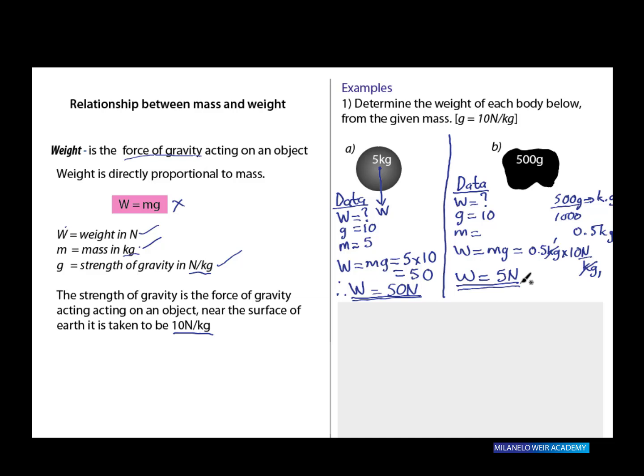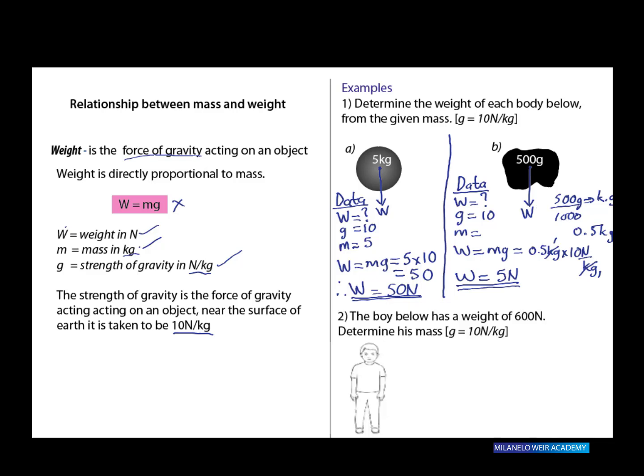If you practice including units, it will make your life a bit easy. It can be a long route, but it will be easy, right? If you are to show the weight, you're going to start from the center of gravity or center of mass, then you show this is the weight. You can include the value there. So that's it. Let's look at question number 2.